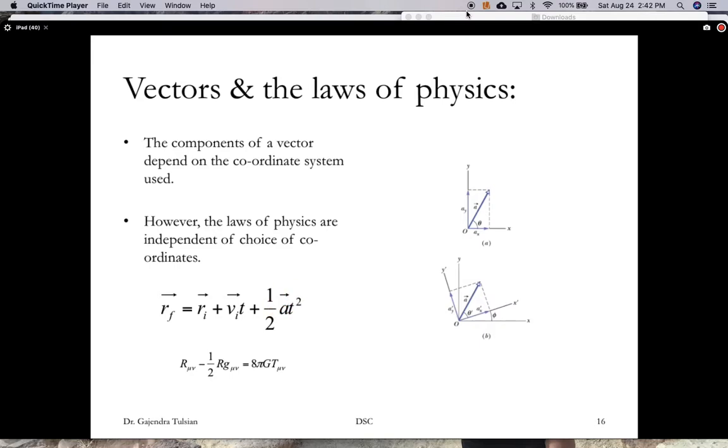Okay. Here's another equation, a law of physics. This is the famous Einstein equation from general relativity. What this does is it relates the curvature of space-time to the distribution of matter and energy. These are tensors.